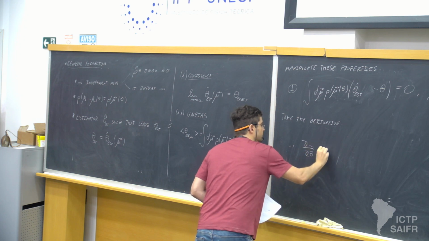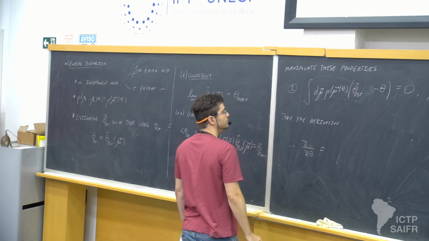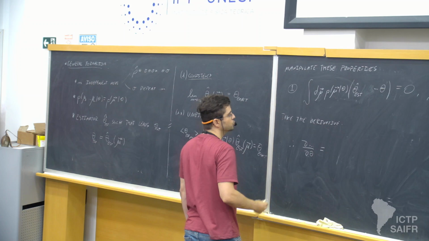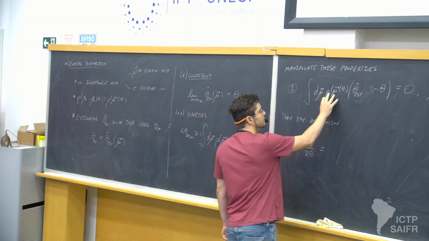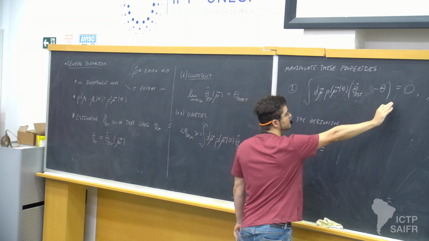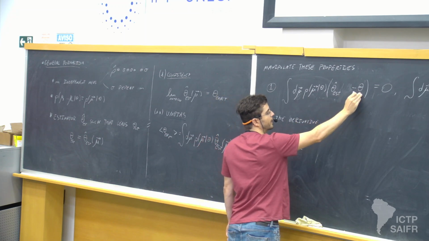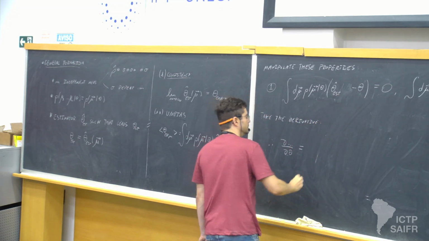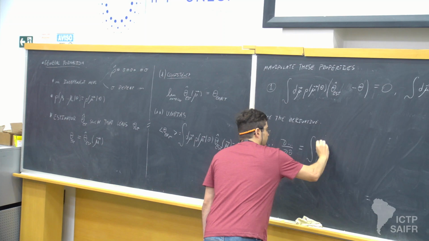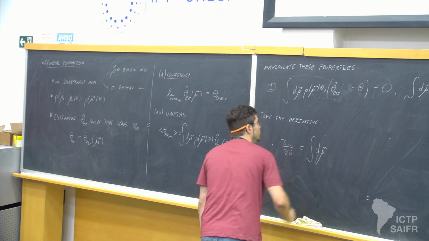We just need to do the chain rule: we take the derivative of the probability times the rest, and the estimator keeps constant, and we get a minus sign from the other term. So two integrals appear.